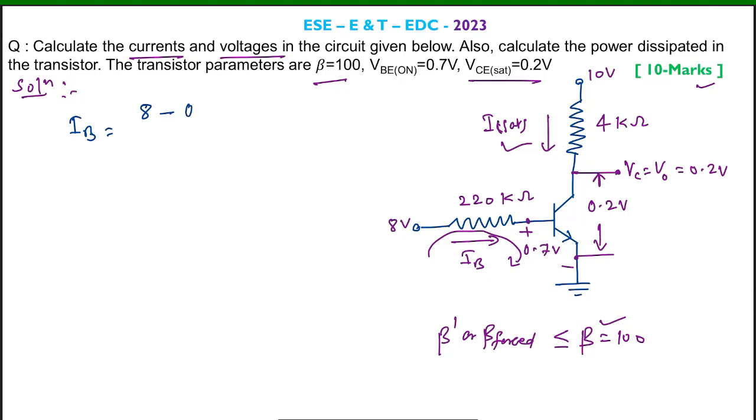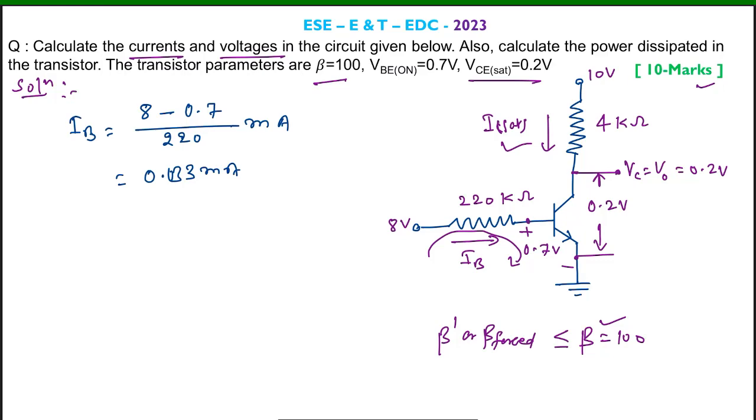So (8 minus 0.7) divided by 220, and due to the kilo the order becomes milliampere. If we solve this, we get 0.033 milliampere.